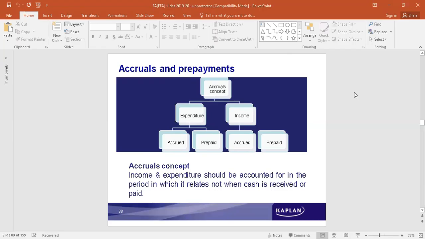Accruals or prepayments. Payments made in advance are prepaid expenses. Okay. Accruals and prepayments. Accrual concept. We see that. Income and expenditure should be accounted for in the period in which it relates, not when cash is received or paid.